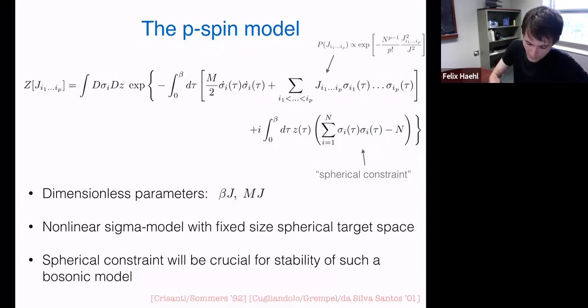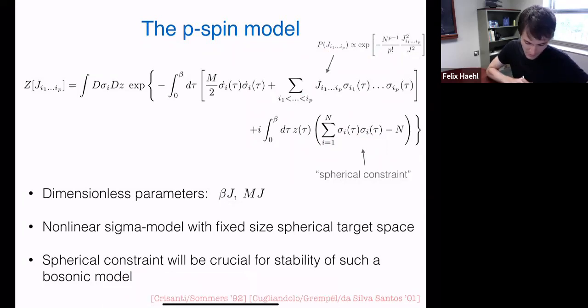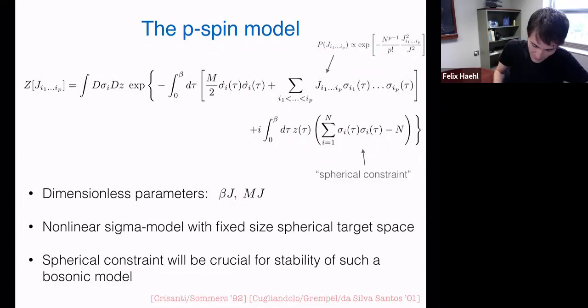And the random couplings J are distributed like this and give you these interactions. So we have our 2 dimensionless parameters, and the whole thing is a nonlinear sigma model with a fixed size spherical target space. This spherical constraint is clearly needed, and it's going to be really crucial for the physics we're going to see.